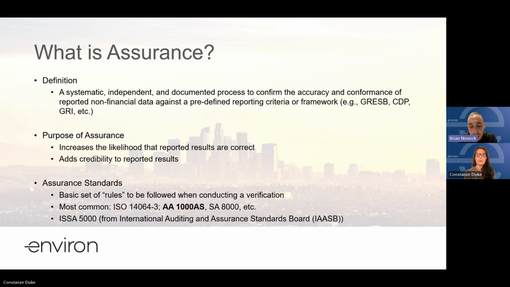We have yet to see one clearly designated as the assurance standard for the assurance requirement. I will mention ISA 5000, which is an emerging standard. It has been formalized but is not effective until the end of 2026.